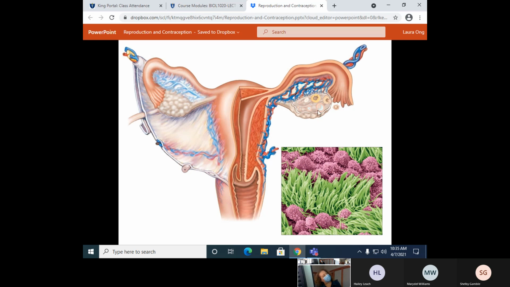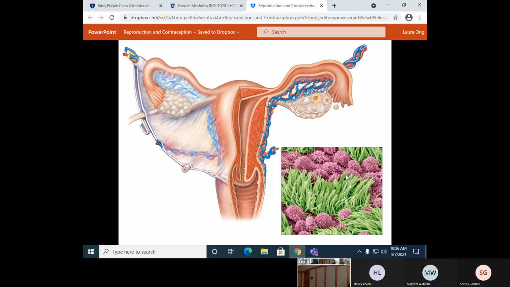So here's the ovary, there's the egg. It's in the watery space right now, and here's the fallopian tube. And the way that the egg gets into the fallopian tube is through fluid currents. So this is a picture of what the inside of the fallopian tube looks like. So draw an arrow from here to here and say that's the inside of the fallopian tube.